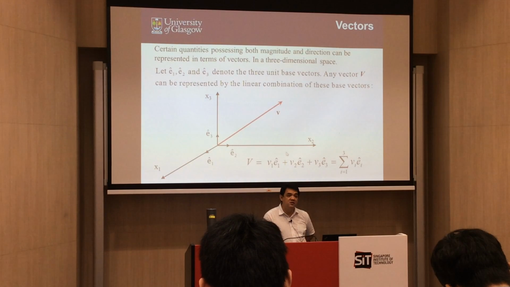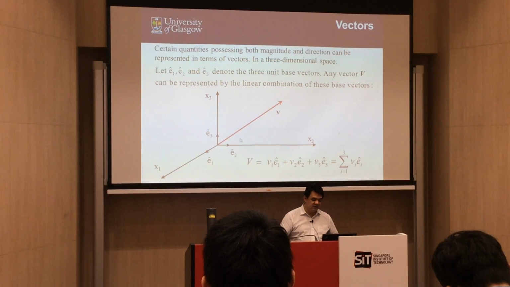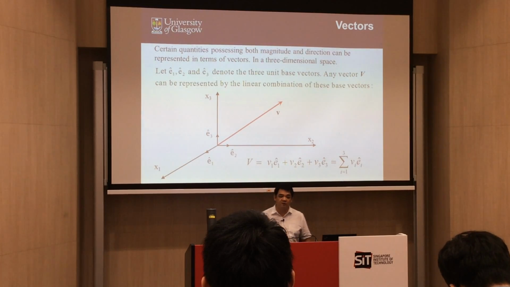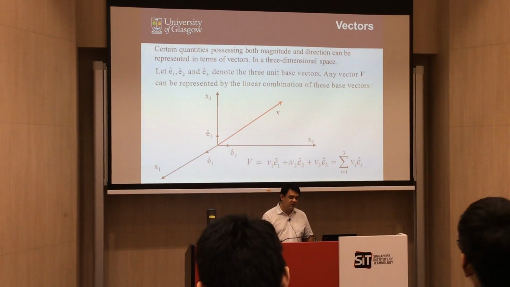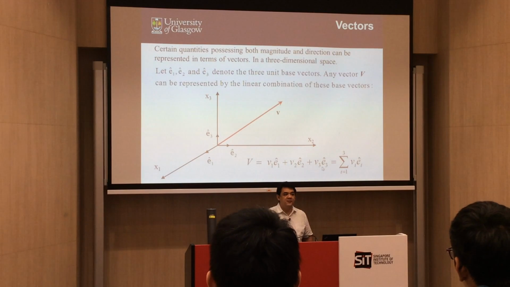You sum them all. I mean, not really literally summing them up, but vector sum. Then you get this vector here. Okay, so this is more like a symbolic representation. Of course, you cannot add each of these directly because they are in different directions. Okay?